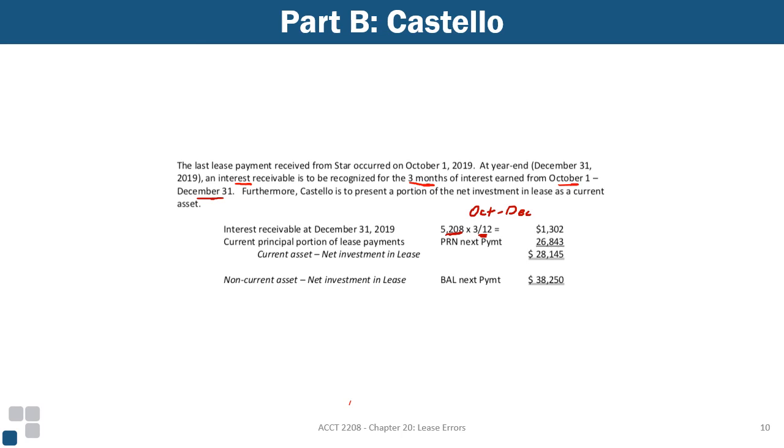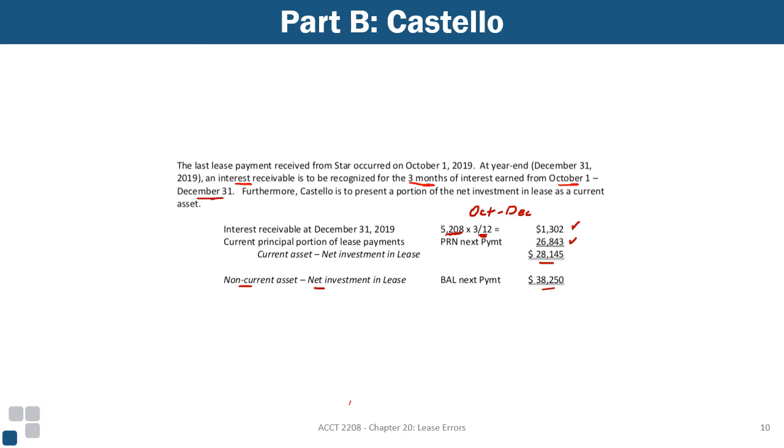And then the next period's payment of 26,843 needs to be considered current. So the current assets consist of the 1/3 interest receivable of 1302 plus 26,843. So that's what we'd see on the balance sheet. 28,145 is a current asset, and then the remaining balance in the lease amortization schedule just needs to be classified as long term.